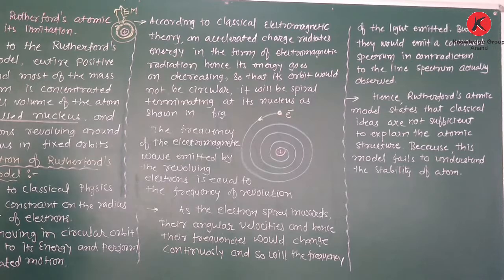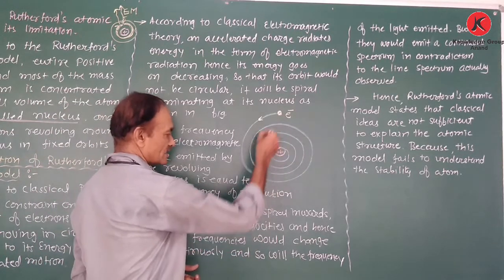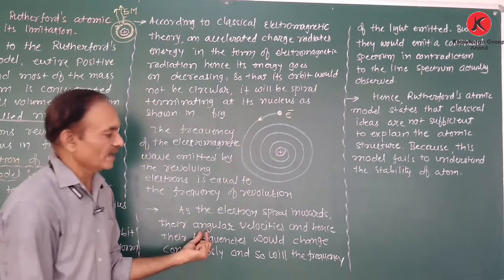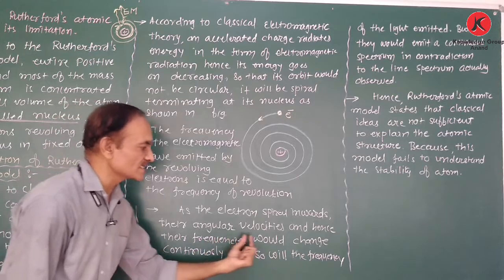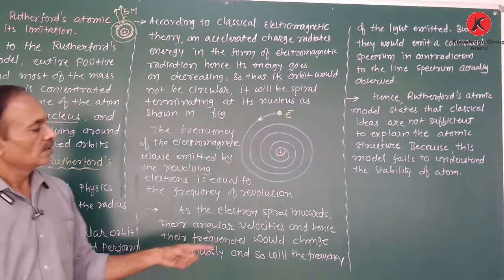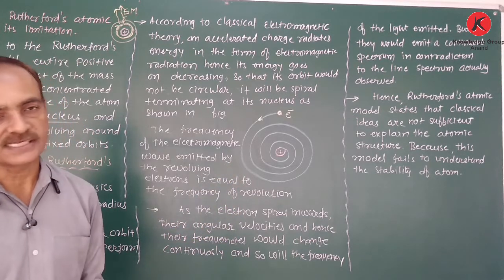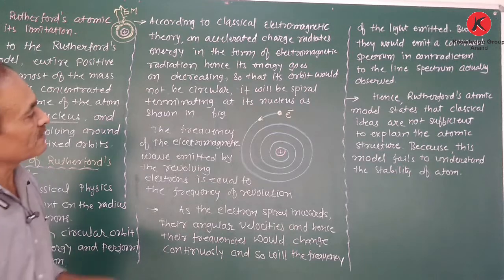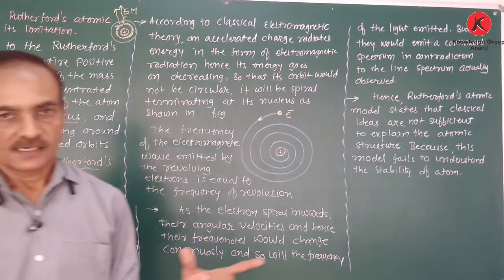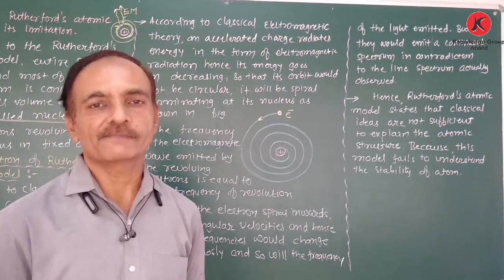Now, suppose the electron spirals inward, that is, towards the nucleus. The angular velocity and hence the frequency would change continuously, and so the frequency of the light emitted also changes. So here we do not obtain radiation of electromagnetic waves with constant frequency.